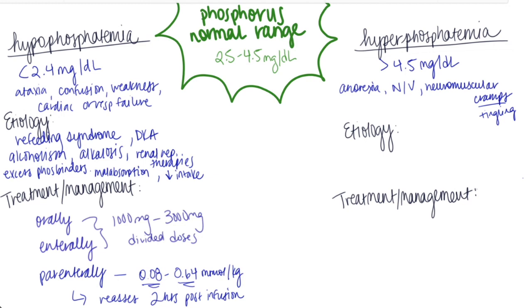And then a larger concern for hyperphosphatemia is the potential for calcification of soft tissues. This is primarily a concern for individuals with end-stage renal disease, individuals who typically have secondary hyperparathyroidism.